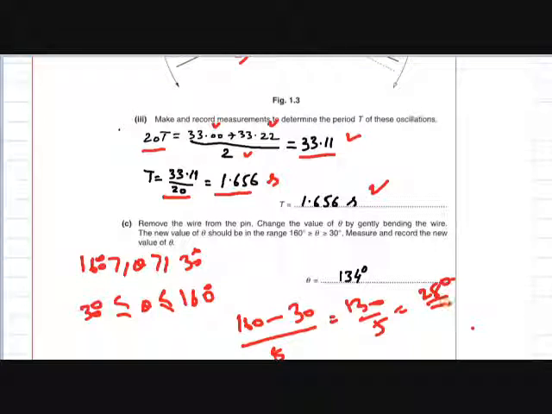So the interval is of 26 degree. Now which values will I take? I will first take 160 degree, then 134. Sorry, it's 26 degree, not 28.